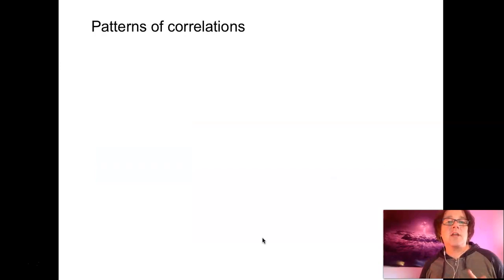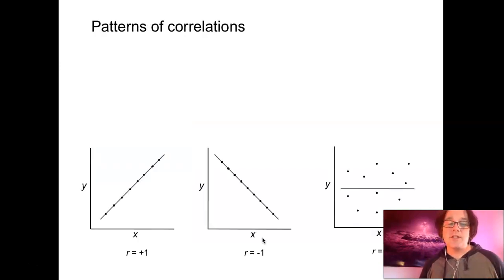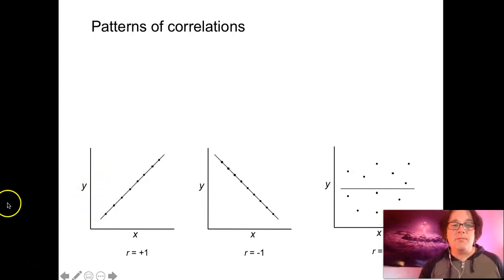So let's take a look at the different patterns of correlations. A perfect correlation, or perfect positive correlation, we see in this first diagram: as we increase 1 unit of measurement on X, whatever that might be, number of hours studied, whatever this interval might be, we are increasing exactly 1 unit on Y, and that pattern stays the same.